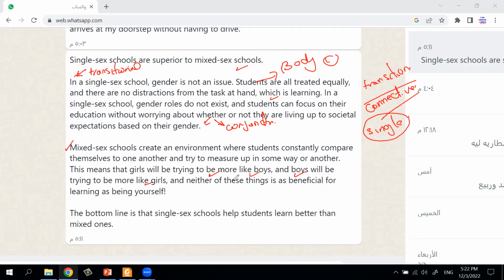And neither of these things is as beneficial for learning as being yourself. The whole paragraph is focusing on the disadvantages of being in a mixed school.